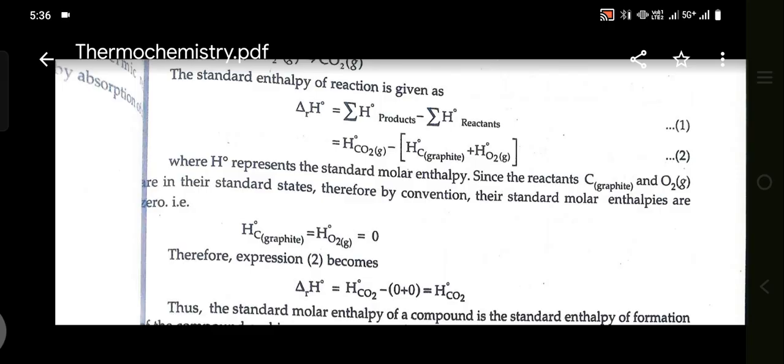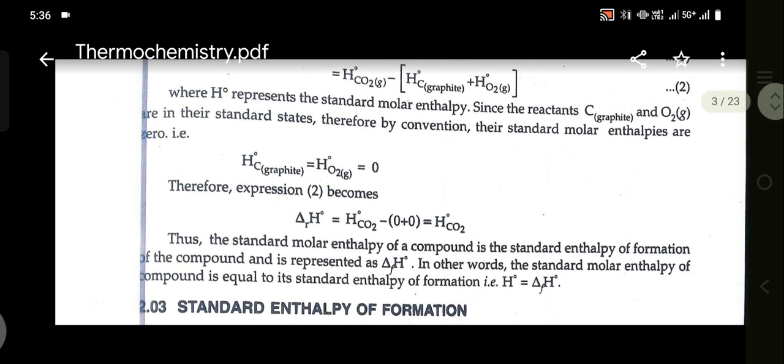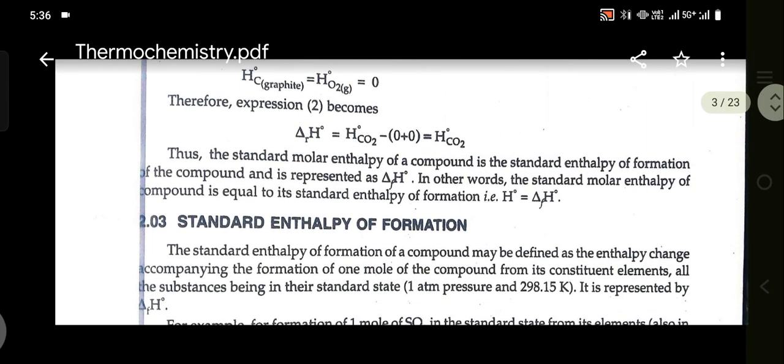Since the reactants carbon graphite and oxygen gas are in their standard states, by convention their standard molar enthalpies are zero: H°(C, graphite) = H°(O2, gas) = 0. Therefore, the expression becomes ΔrH° = H°(CO2) − (0 + 0) = H°(CO2).